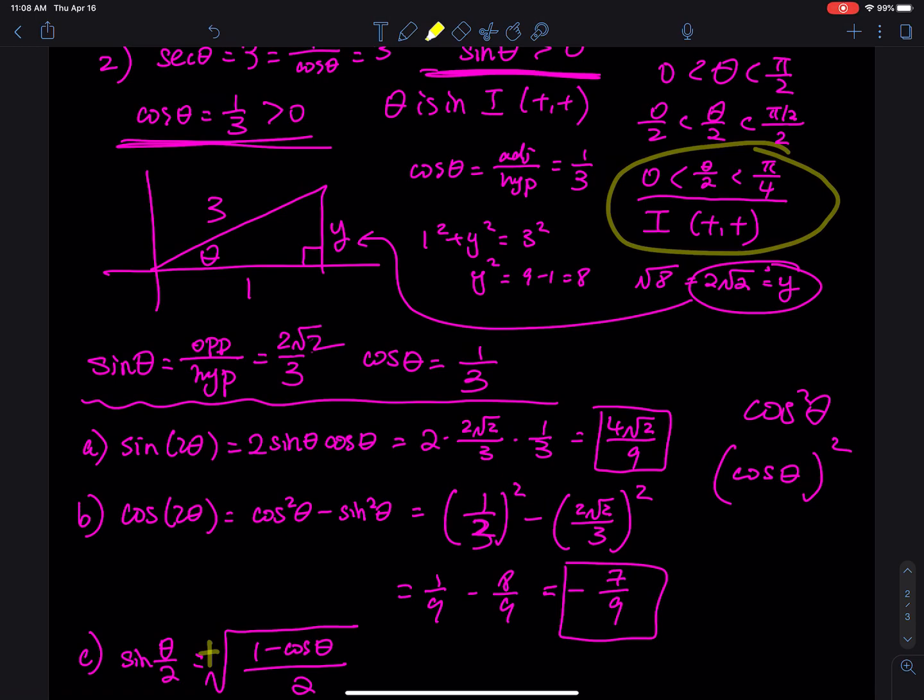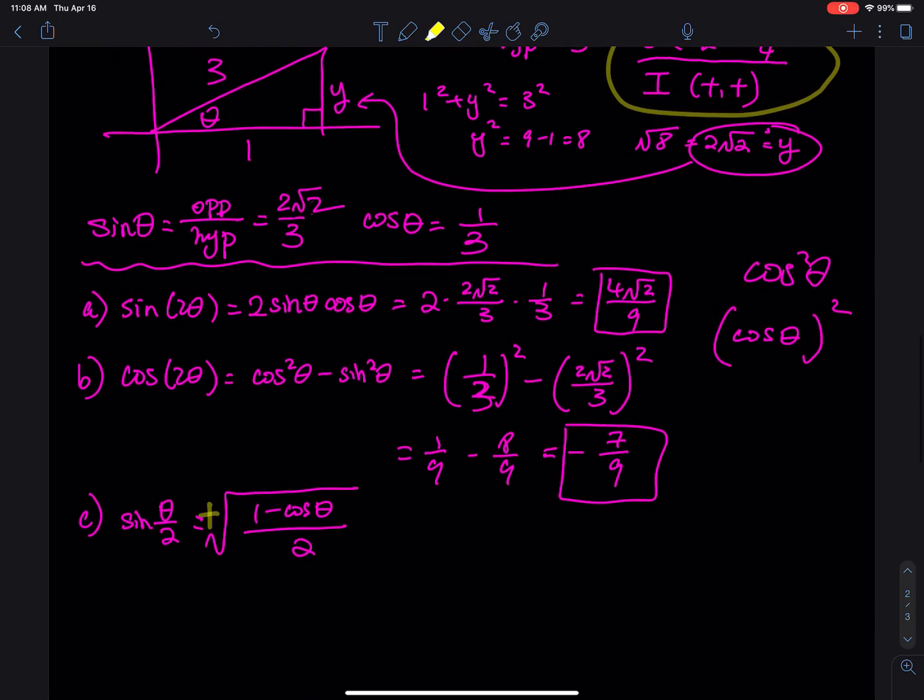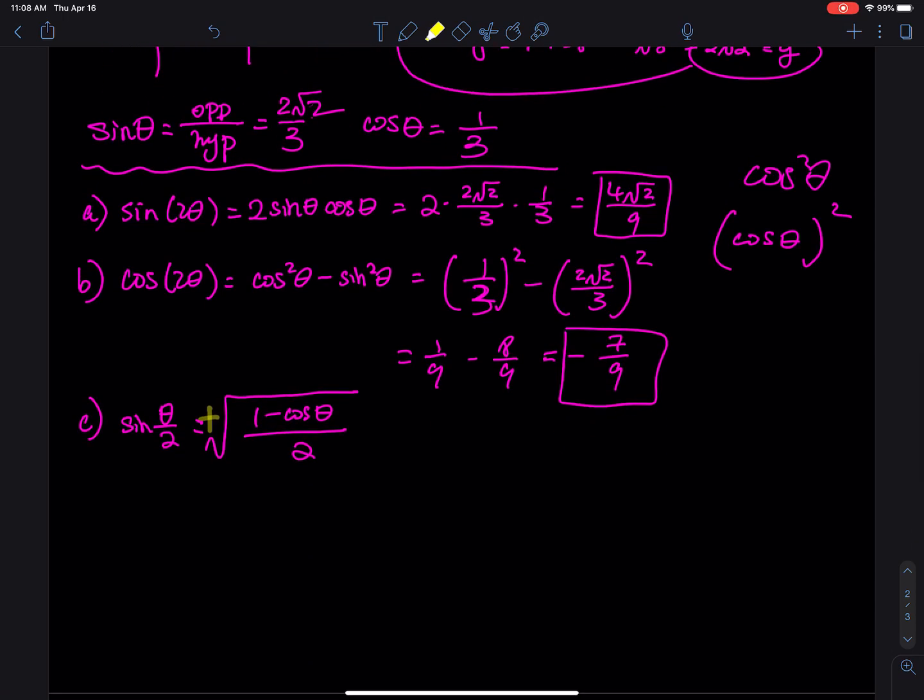So in quadrant 1, both x and y are positive. So that's why we keep the positive. If that is in quadrant 3, then when you do half angle of sine and cosine, they are both negative. Always check the quadrant.